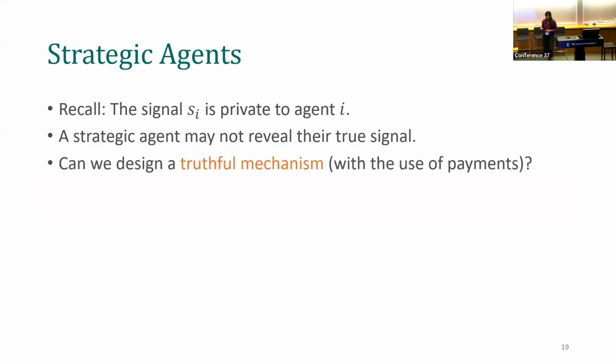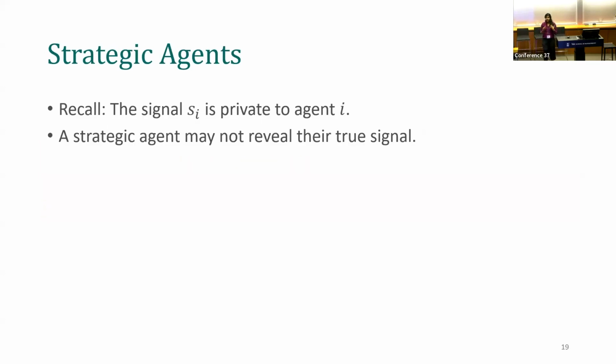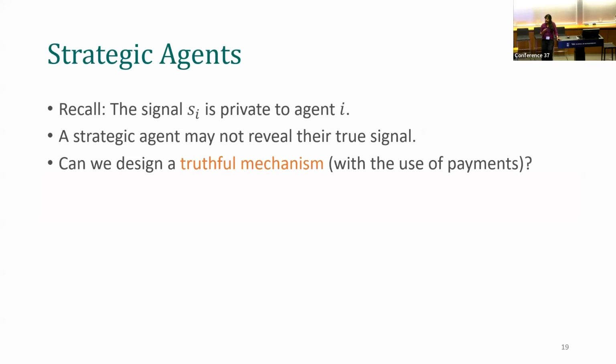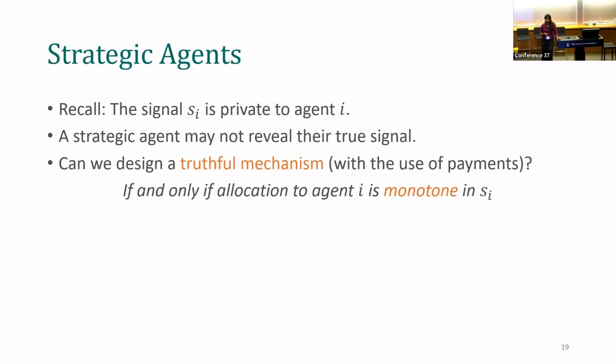Since the agents have to reveal their private signals, we need to think about how to incentivize them with a truthful mechanism so that they will reveal the signal truthfully. And it turns out that the only thing we need to worry about is whether the allocation probability, the probability that we actually accept the agent, is monotonically increasing in the signal Si.